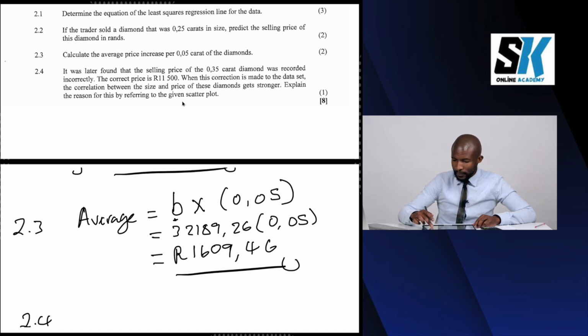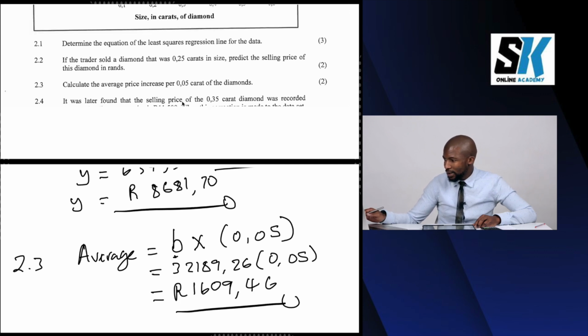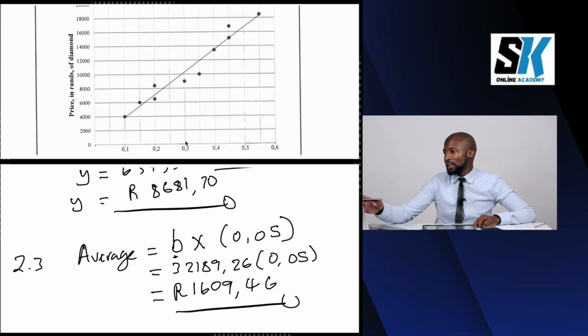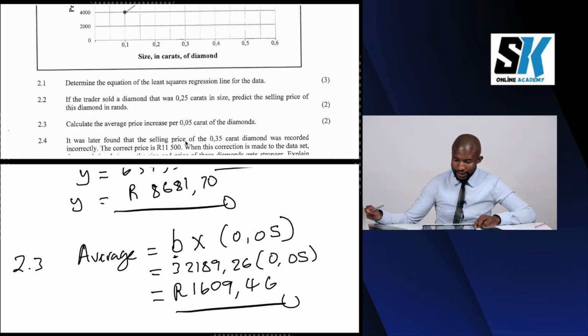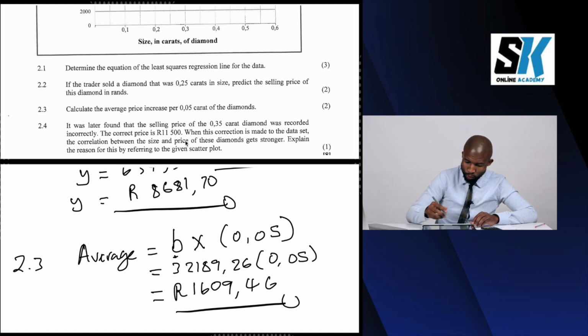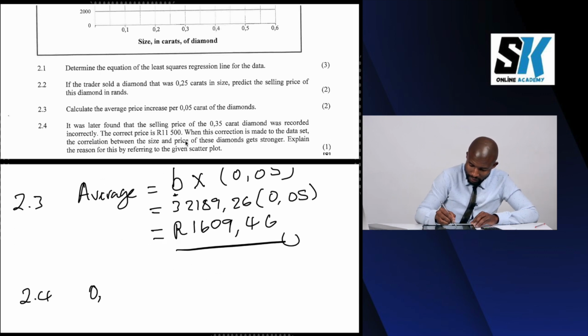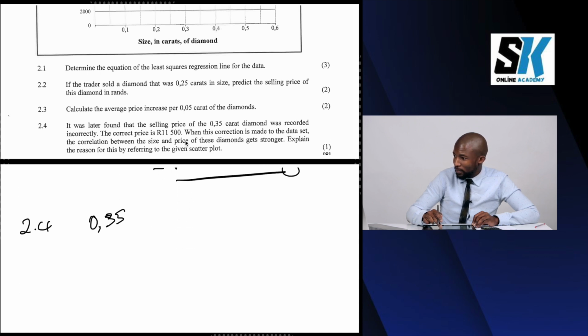So they say something was incorrect, and then they corrected the price to be 11,500. If you go to the table where it says 0.35, we can see that it's 10,000. It's not that 11,500. So to get the corrected value, where it says 0.35, I'm going to make a silly sketch.